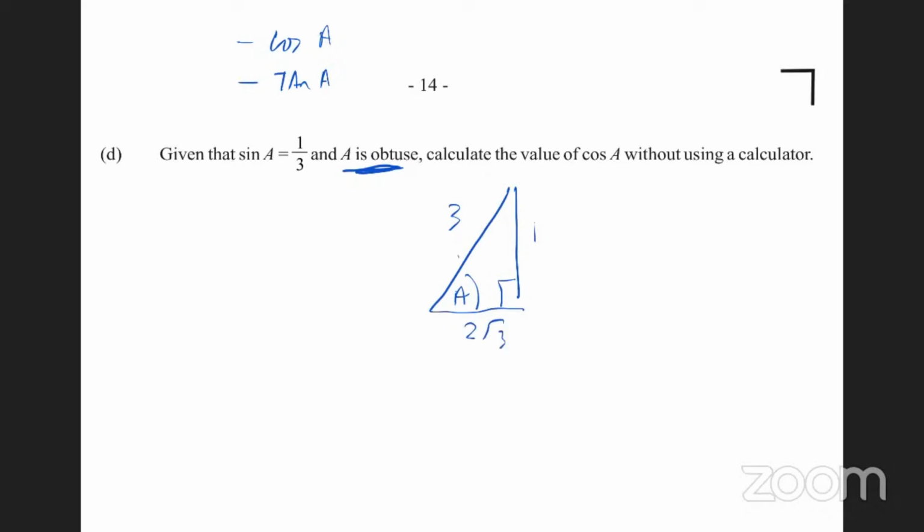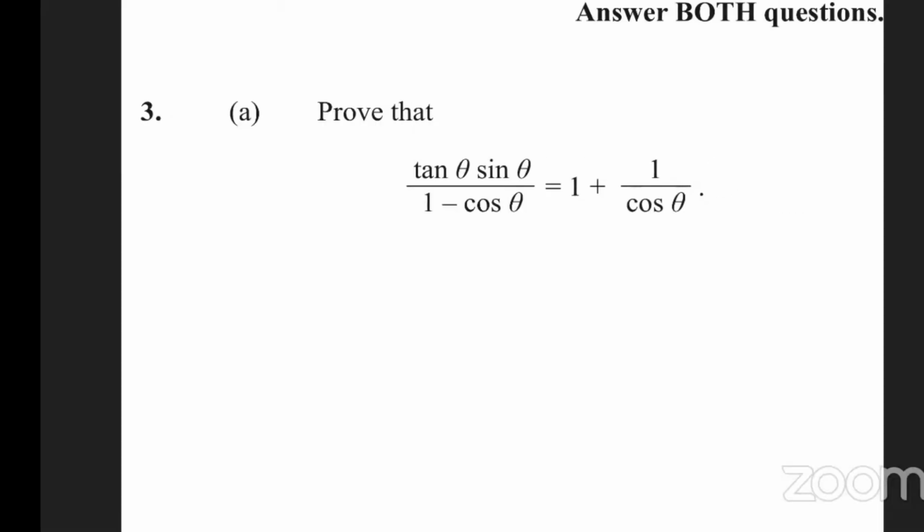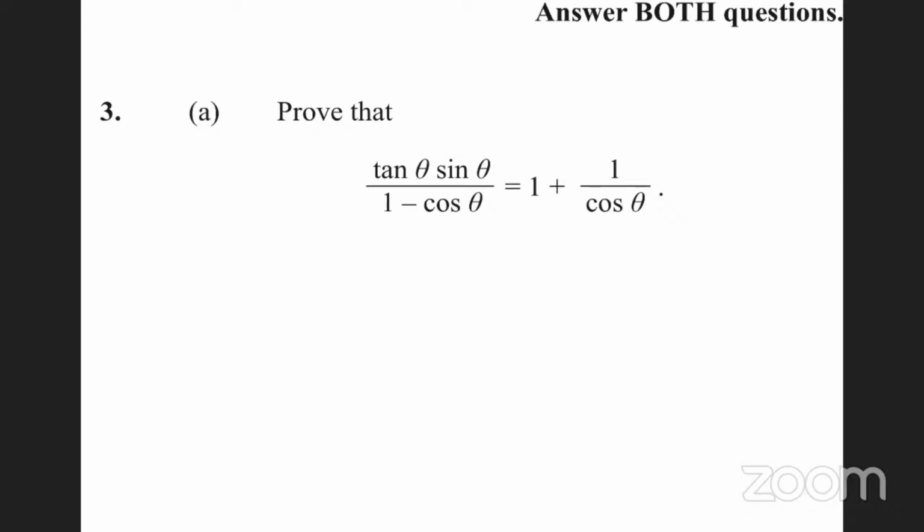But remember, A is obtuse. So what does that mean? It means that cosine A will be minus adjacent over hypotenuse, and tan will be minus opposite over adjacent. That's basically how you work it out. Sign is really important.